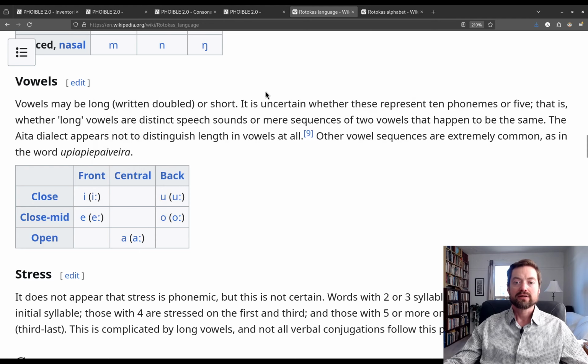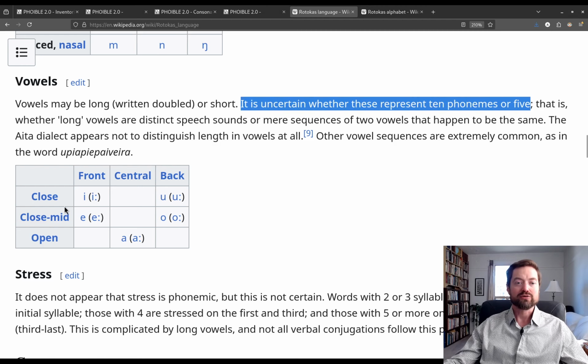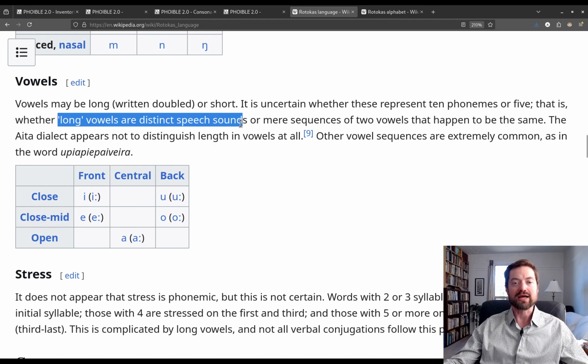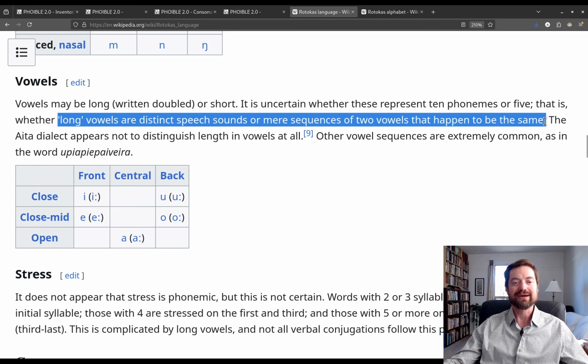And here there's a hint of controversy in the contest, because there is some debate. You can see here that each of these vowels is written as a pair with the regular vowel or the short vowel and the long vowel. Now the question is, are these actually different sounds, or are they actually the same vowel twice?